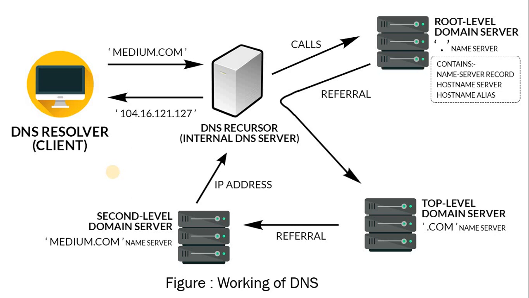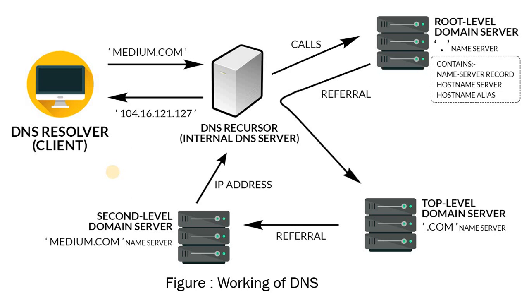If it's not in the cache, then it goes to the root level domain server. The root level domain server usually contains name server records. The root doesn't contain the IP address, but contains different hierarchy dependencies below it. So the dot sends the query to the top level domain server.